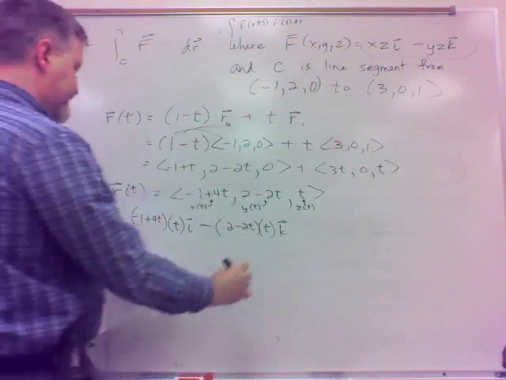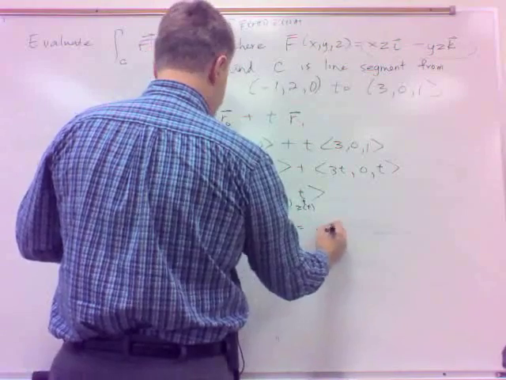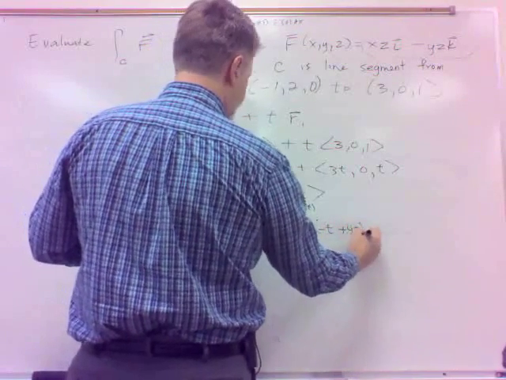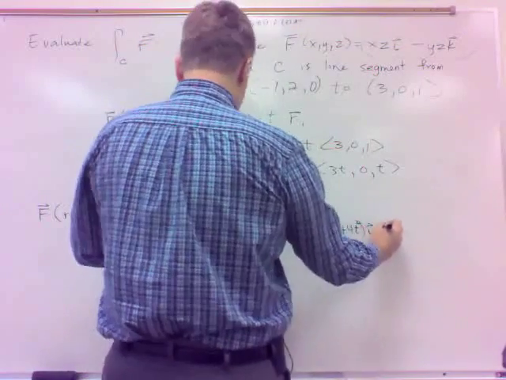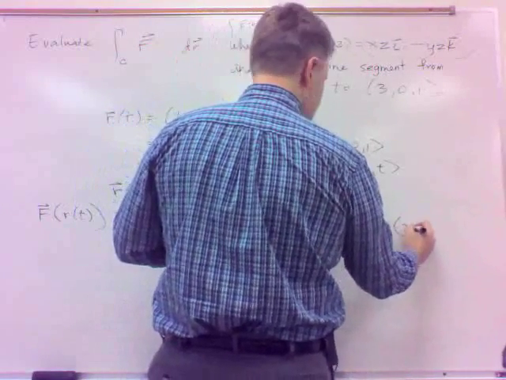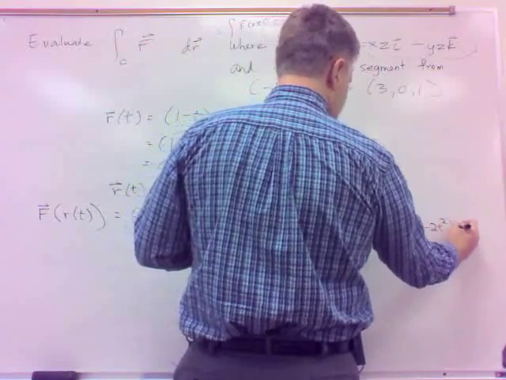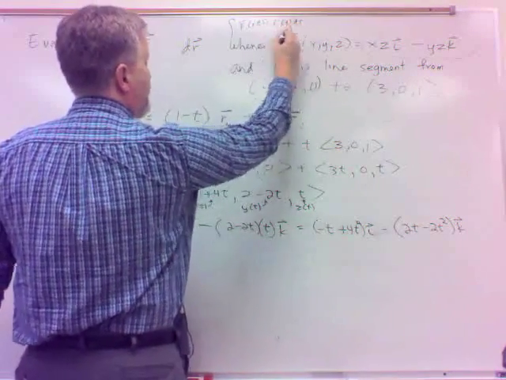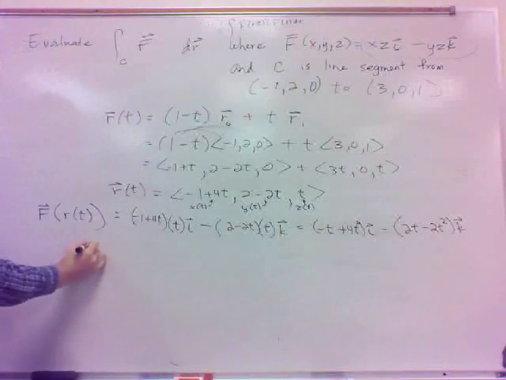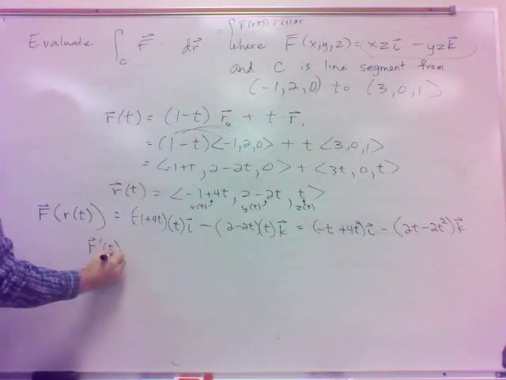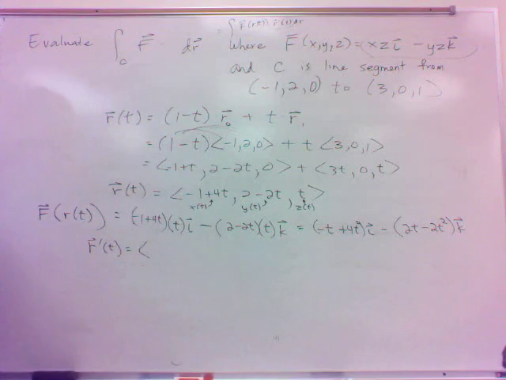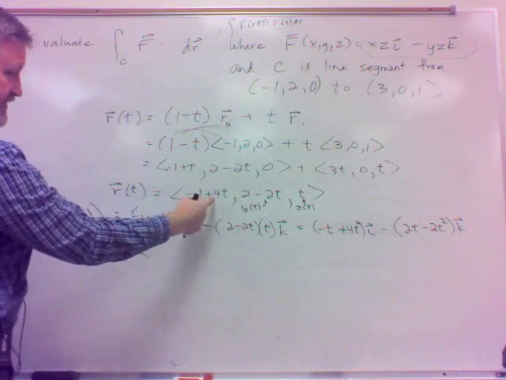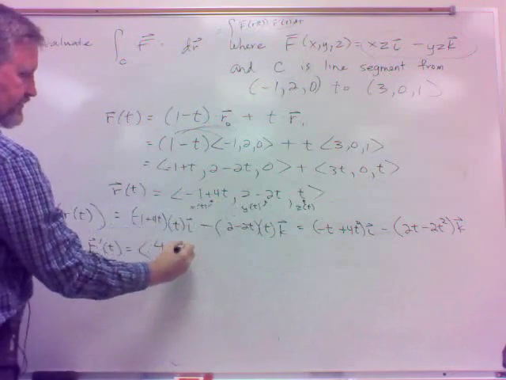That cleans up to negative t plus 4t squared i minus 2t minus 2t squared k. There's no j component there. Then r prime was easy. The r prime vector is just the derivatives: 4, negative 2, and 1.